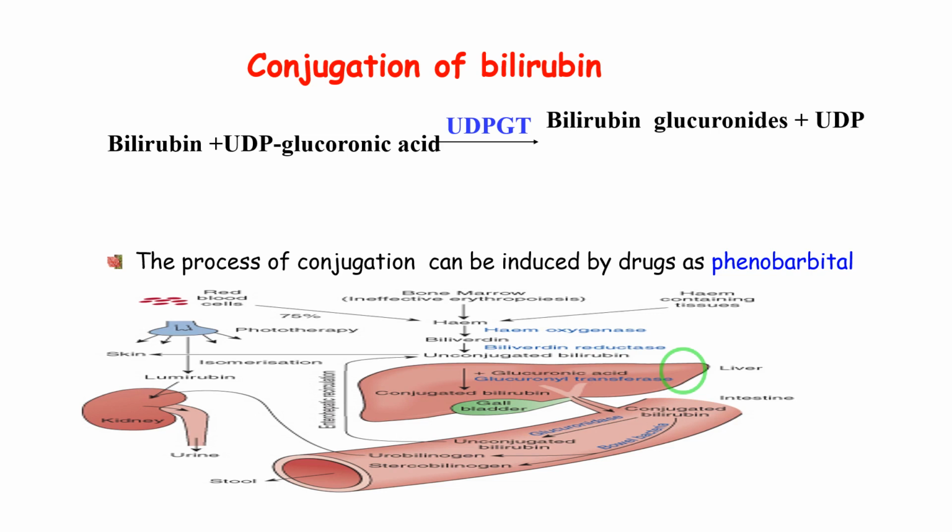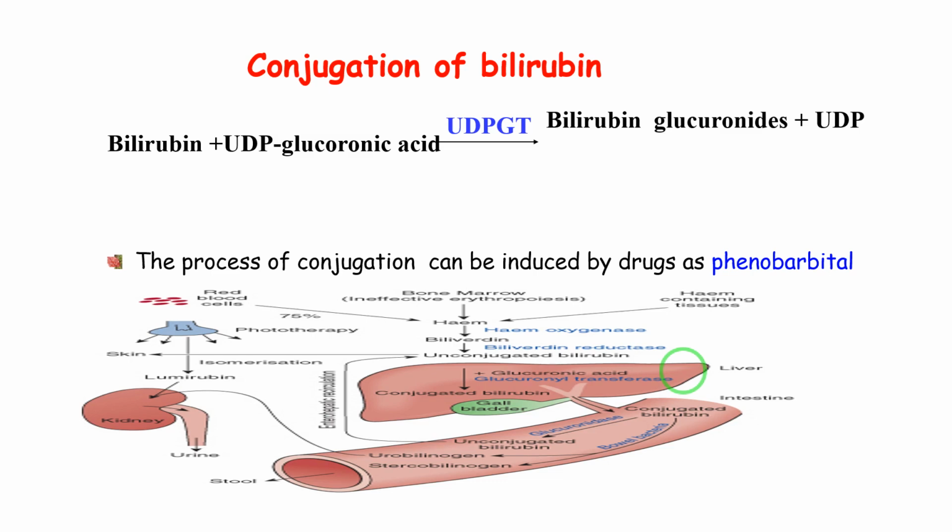This process of conjugation can be enhanced and induced by certain medications, for example phenobarbital. One clinical application is that sometimes in a newborn baby, the liver may be immature, so this process cannot occur in a proper way.